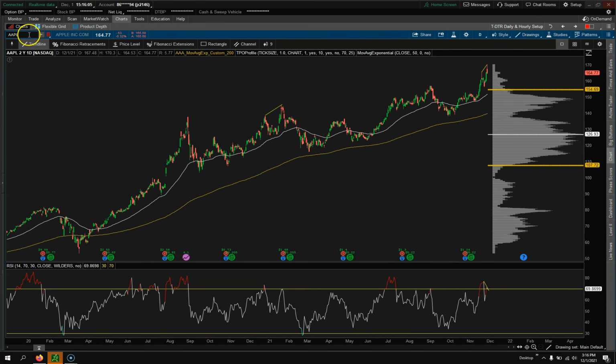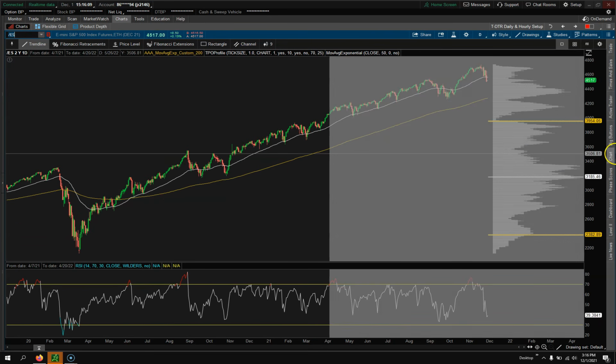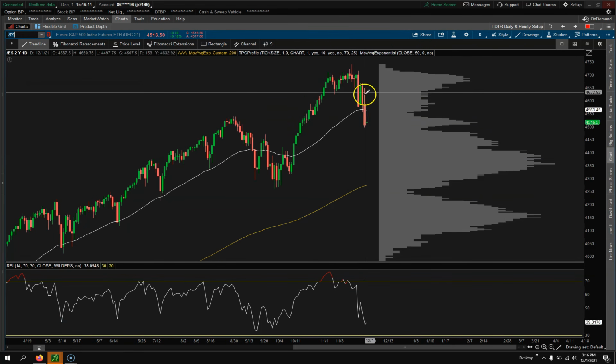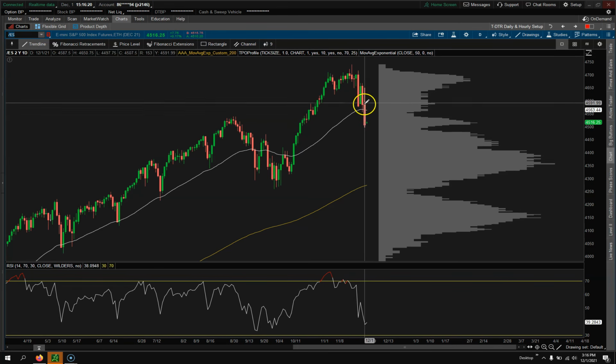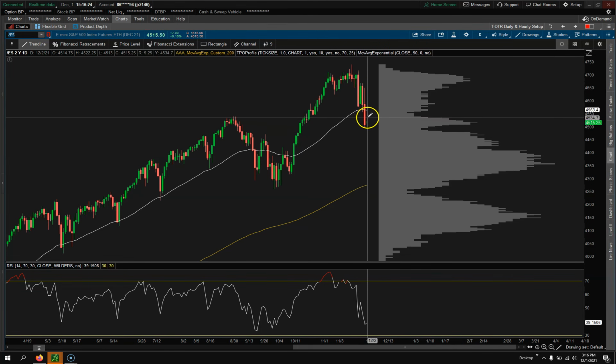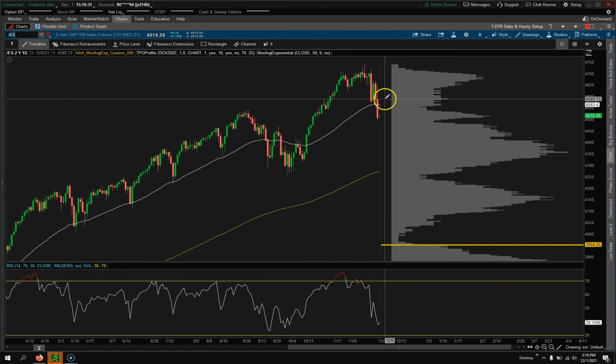Real quick, let's get into what's going on with the current market structure. I did a video yesterday about the dead cat bounce. I said we need to get above this 4670 reversal. It suckered everybody in, and then late day sold off really hard. This is a very classic dead cat bounce. So just be careful.